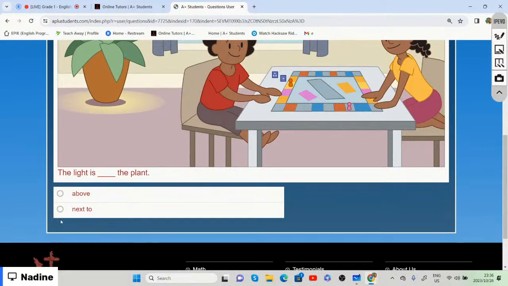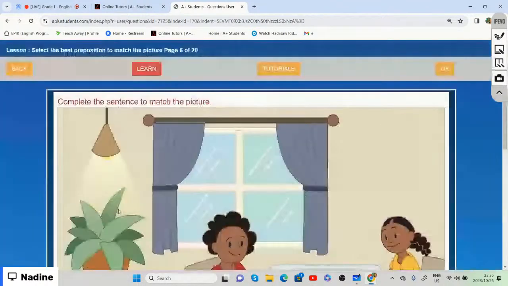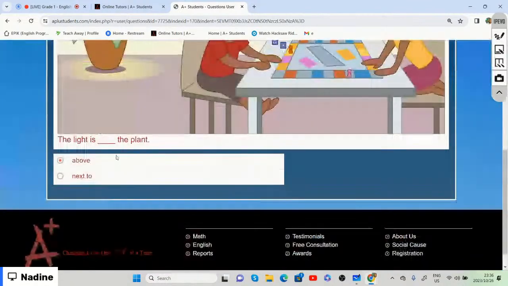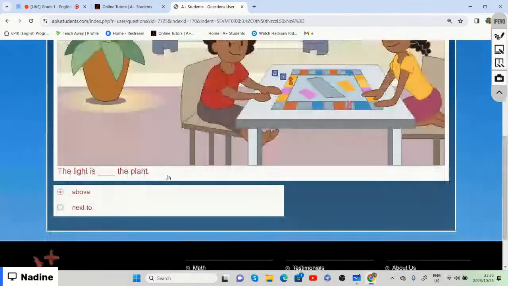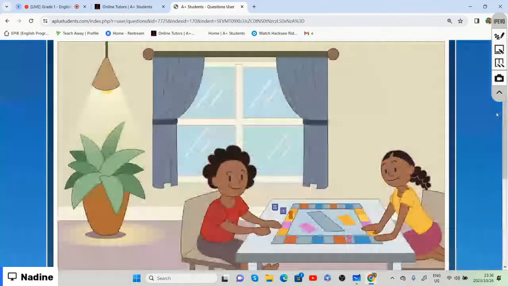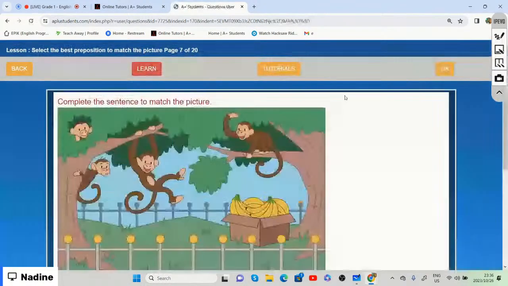So we can say the light is above the plant. And then we maybe say the light is, yes, above the clouds. All right.